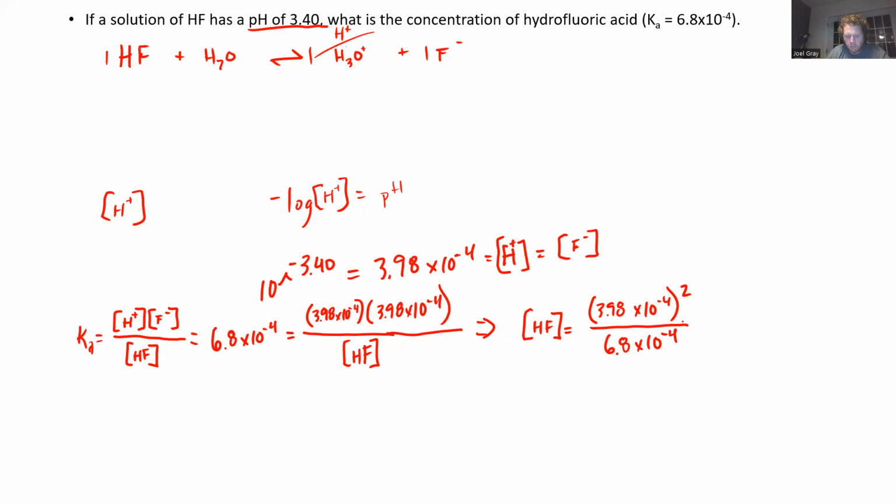So I'm going to plug that in. 3.98 times 10 to the negative fourth, close parentheses, and square that. Divide that by parentheses 6.8 times 10 to the negative fourth, close parentheses.